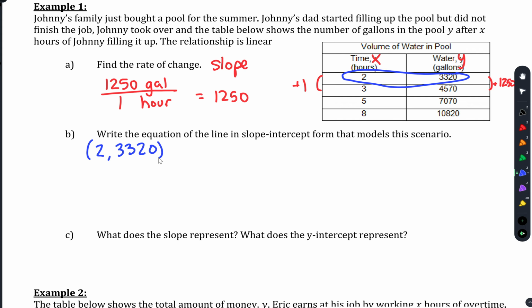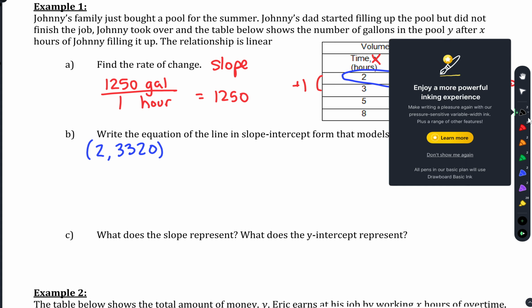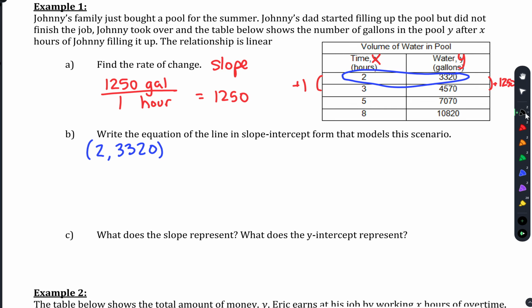So now I'm going to take that point, I'm going to take the slope I just found in part A, and I'm going to write my equation in point slope form. Y minus Y1 is 3,320 equals my slope, 1,250, times X minus X1, which is 2.